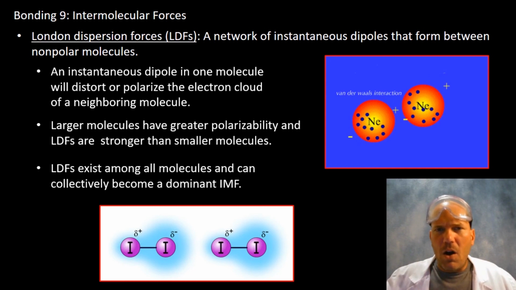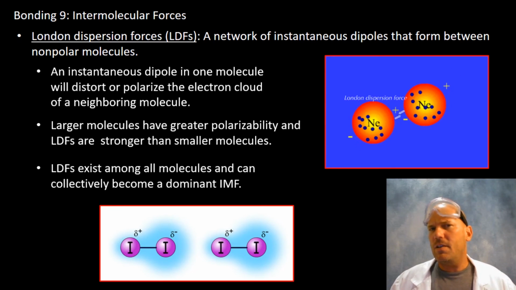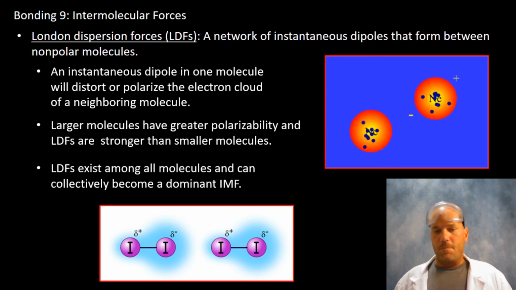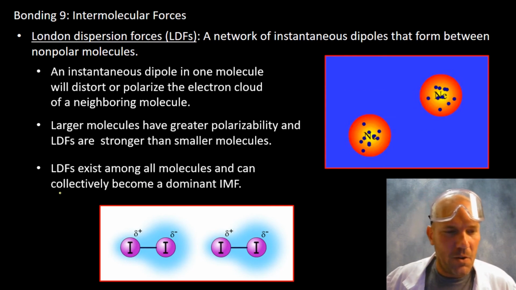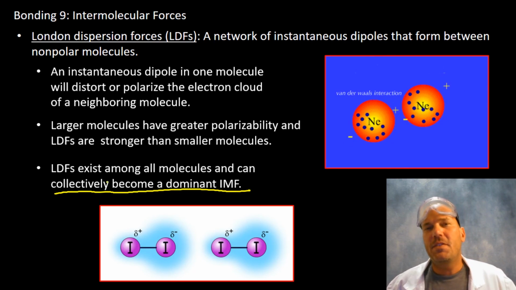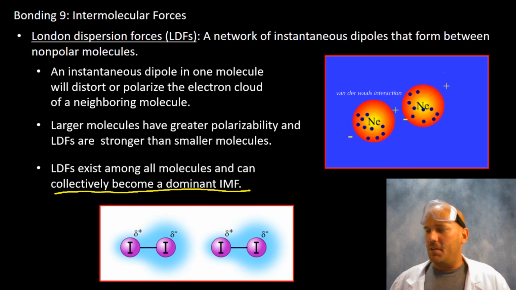But the longer the hydrocarbon chain, the more LDFs, and thus the greater the intermolecular forces collectively. So it is no surprise that collectively LDFs can become the dominant intermolecular force.